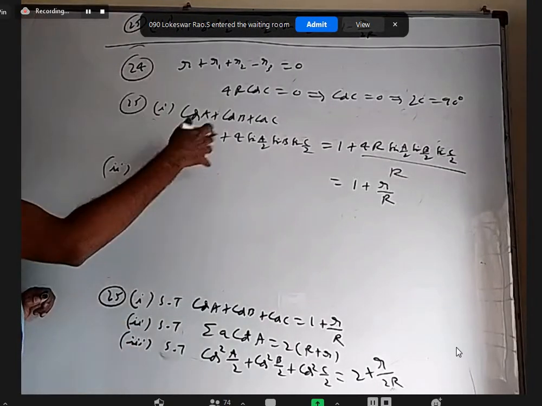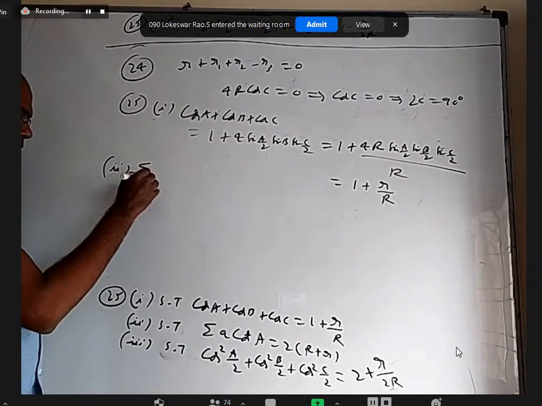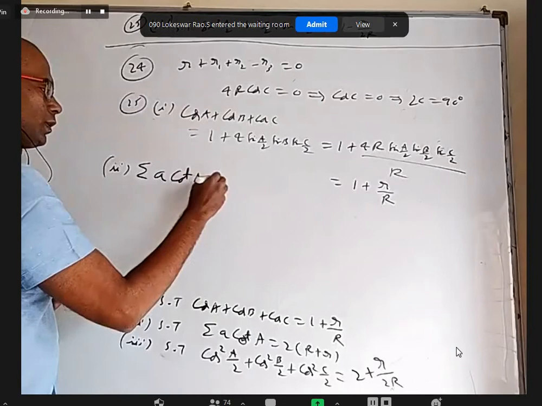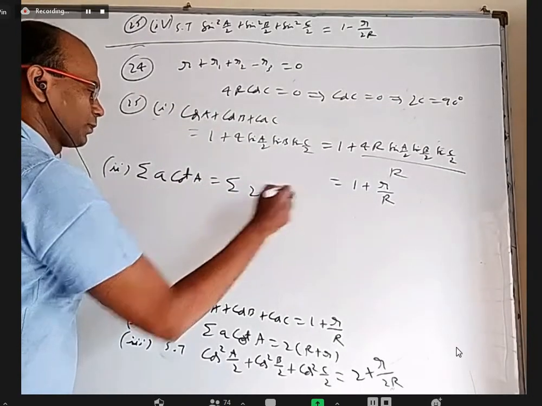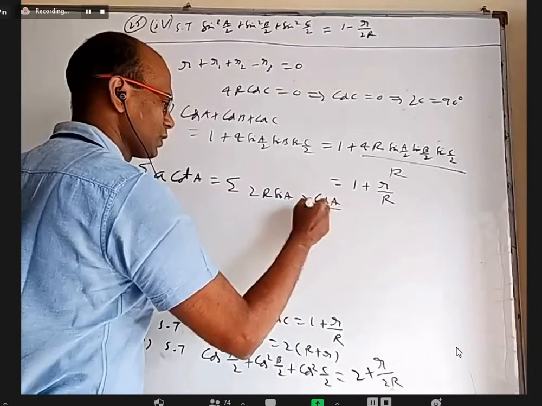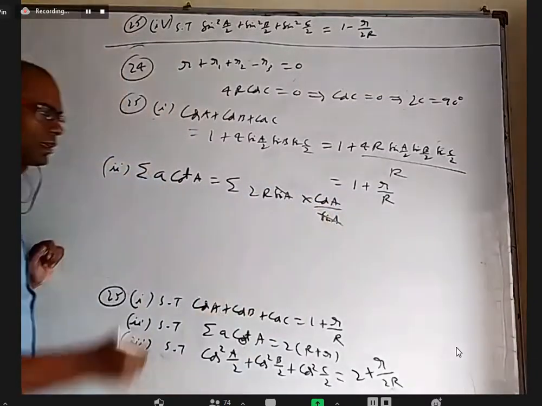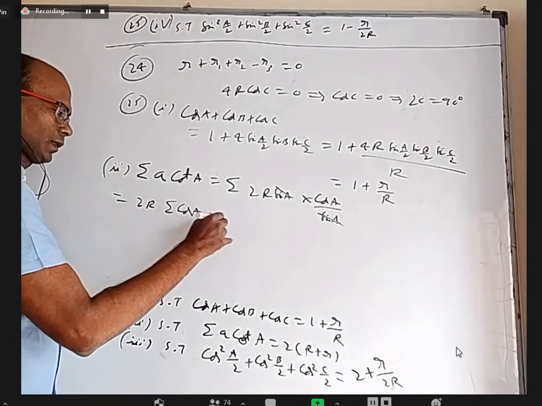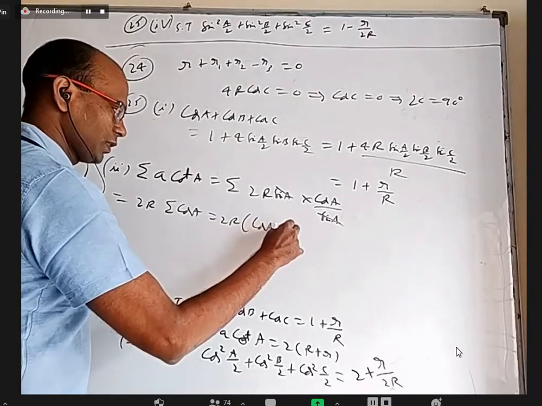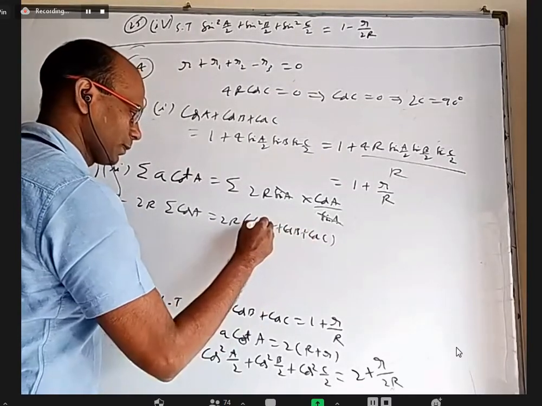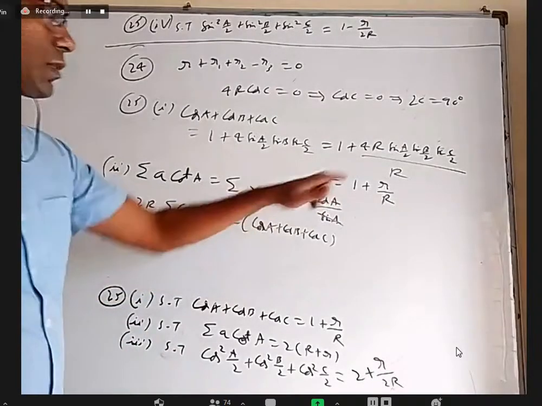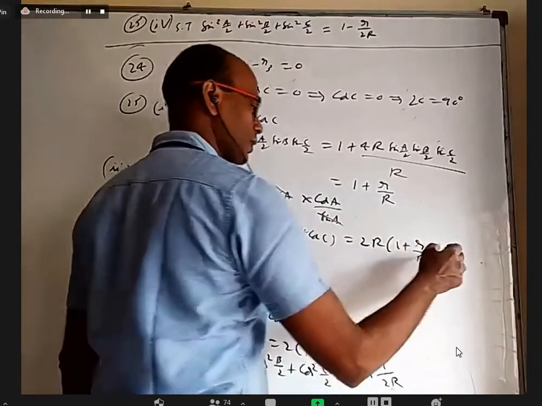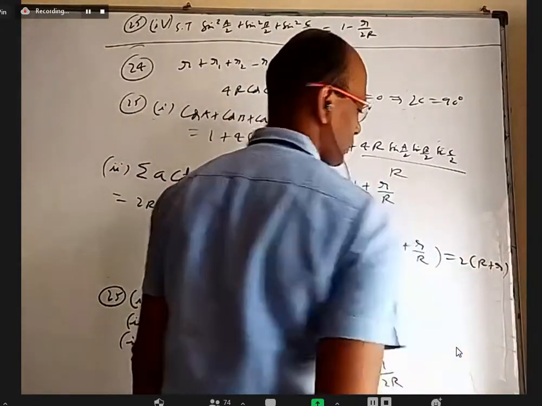All these 4 questions are using this result only. For example, the second one is sigma a cot A. A I can write as 2R sin A, and cot A I can write as cos A by sin A. Sin A and sin A will cancel, and 2 capital R sigma cos A, that is cos A plus cos B plus cos C. But cos A plus cos B plus cos C, just now we proved, is 1 plus small r by capital R. Take this capital R inside, you will get 2 into capital R plus small r.